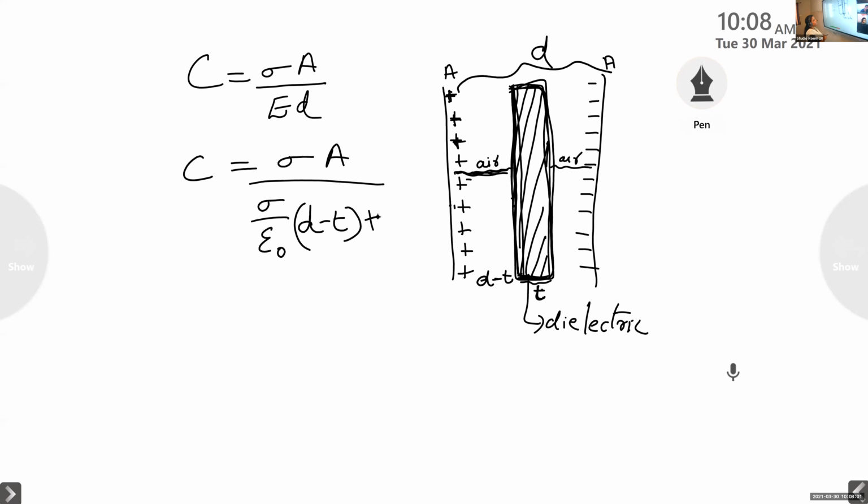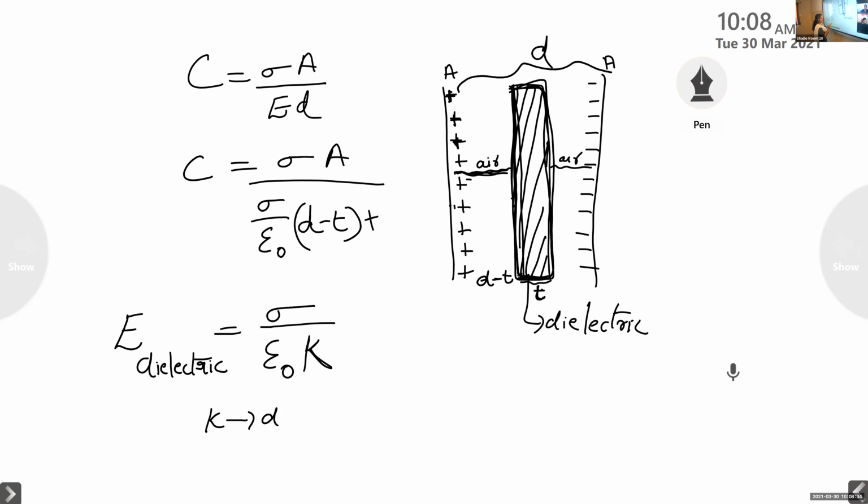Plus, here we need to consider the electric field due to the dielectric medium. The electric field due to this dielectric is given by, in addition to the permittivity of free space, the relative permittivity of the medium. So it is given by sigma by epsilon 0 K, where K is the dielectric constant.